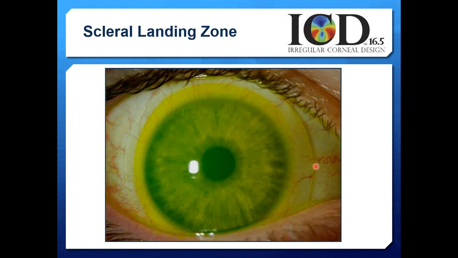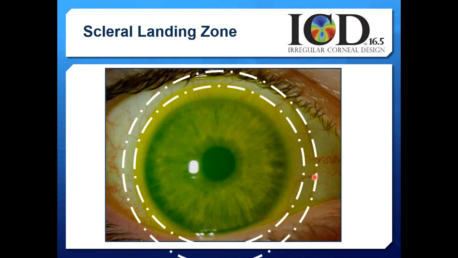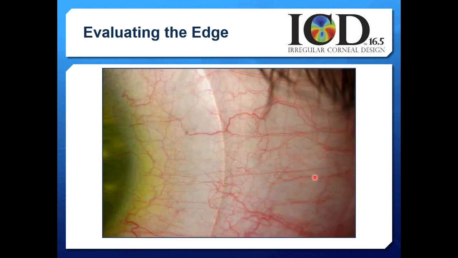The next zone in the lens that we're concerned with is that scleral landing zone, as we discussed earlier. What we want to see is that throughout this zone, 360 degrees around, we don't have any constriction of the vessels. We're not sealing off any of the vessel supply through that lens edge.